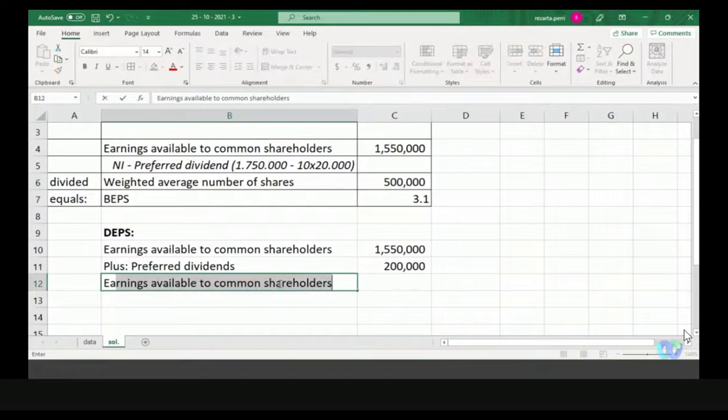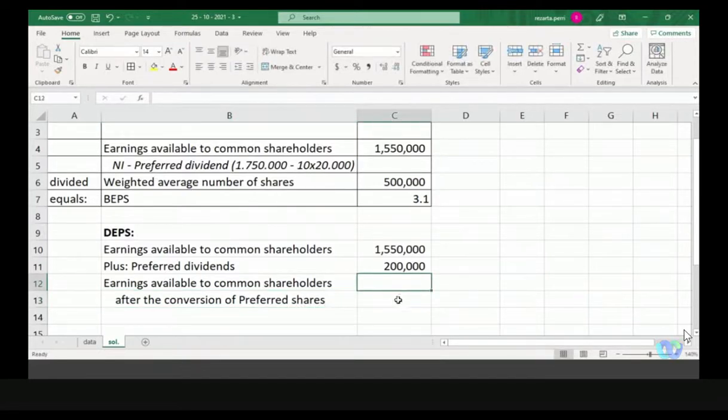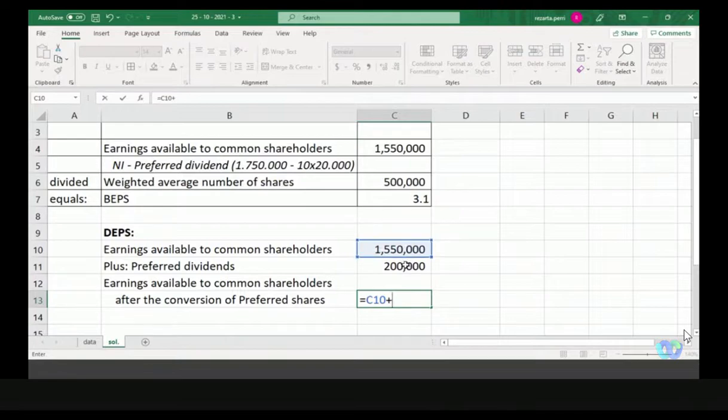Then the earnings available to common shareholders after the conversion of preferred shares to common shares, we don't have to pay this amount of dividends anymore. That is, the earnings available to common shareholders will now be the sum of both.